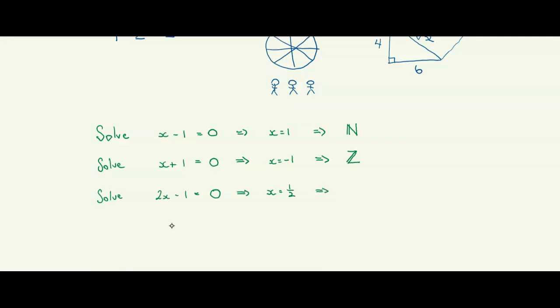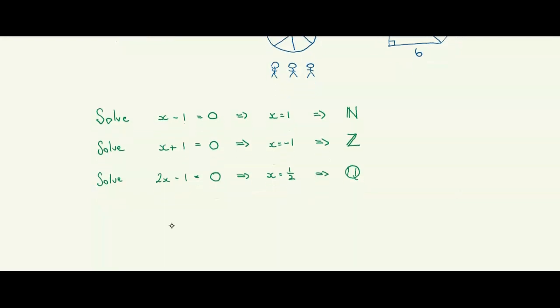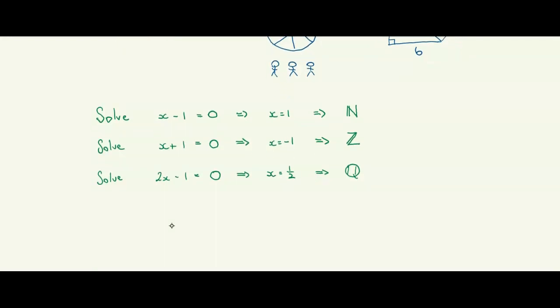So now we've got numbers between our whole numbers, and the set of rational numbers is Q. Q standing for quotient, quotient of two numbers. So set of natural numbers, set of integers, set of rational numbers. Okay, so perhaps we just write that.